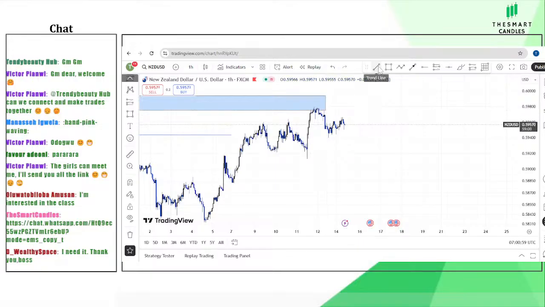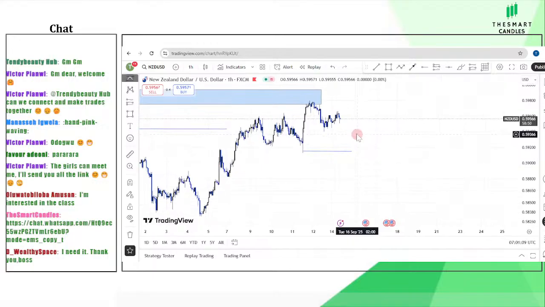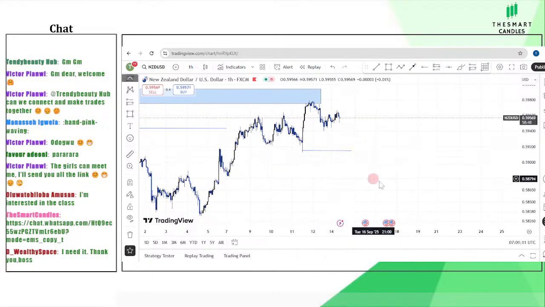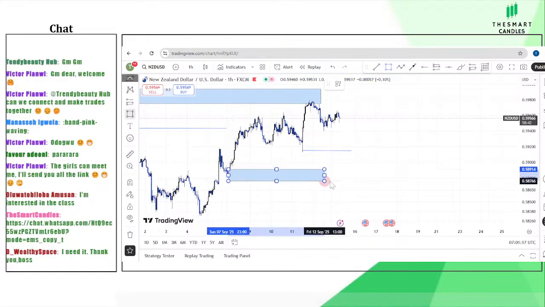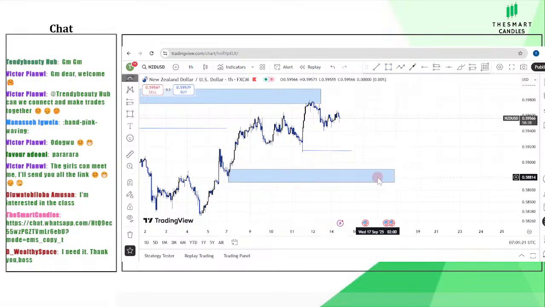At this point, this liquidity here has to be taken out, that's number one. And if this liquidity is taken out, then we will have more reasons to sell. Now I can see something here on the 1 hour. I'm seeing this other block sitting pretty at this level.